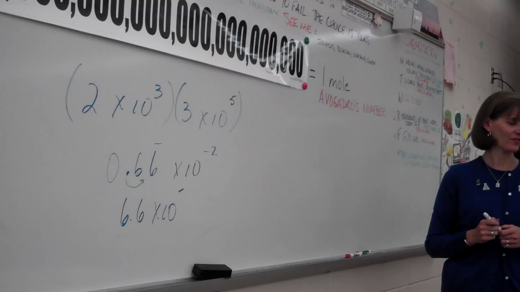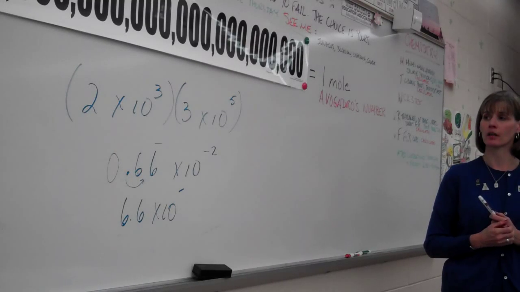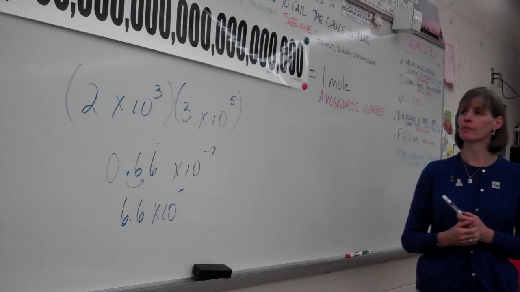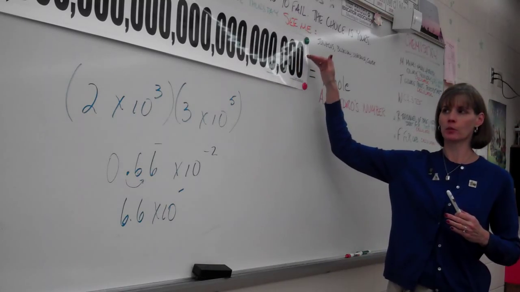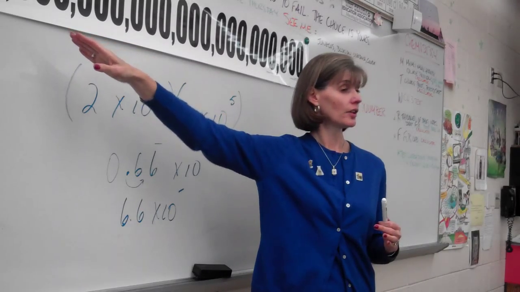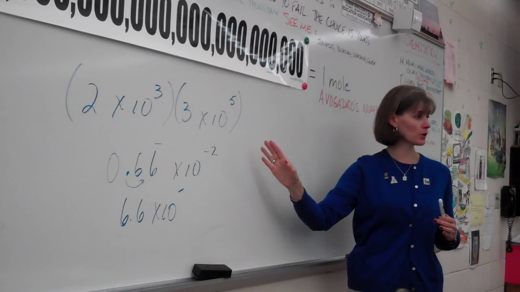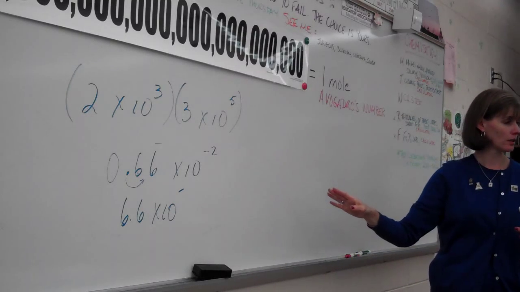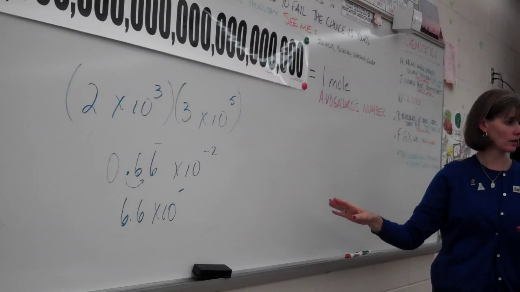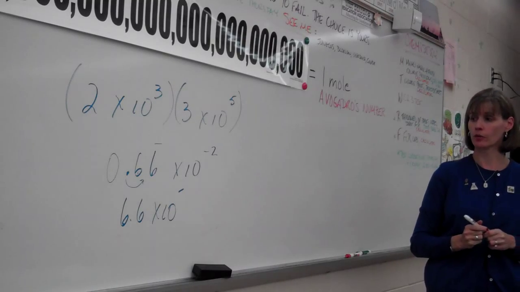With negatives, bigger is smaller. So what would that be? Negative 1. If we have a big number like this one and we're moving the decimal this way, the exponent is positive. Here we're moving the decimal the other way, so the exponent is more negative, right? So what should that be? Negative 3. Right?